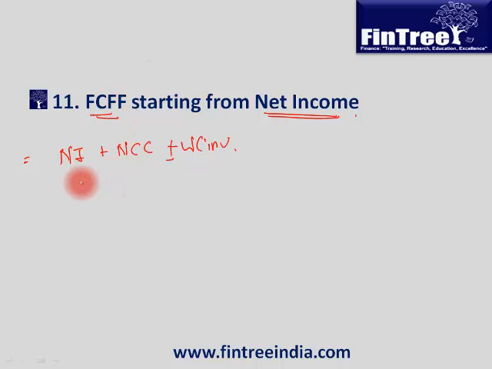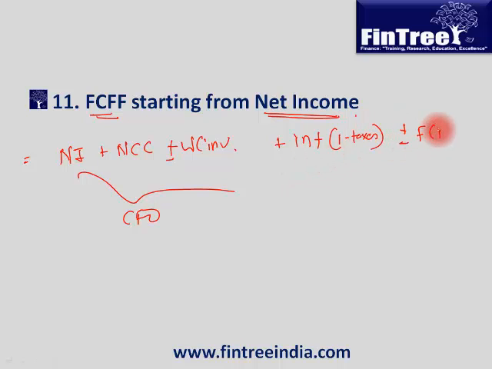These three numbers give us CFO, and then you make two adjustments. One for interest, because from net income we've reduced interest, and for FCFF we want cash flow for the whole firm, so interest should not be reduced. So plus interest times 1 minus taxes, and again plus or minus fixed capital investment. Most of the time this number would be negative because you would be investing into new assets. Are we clear?